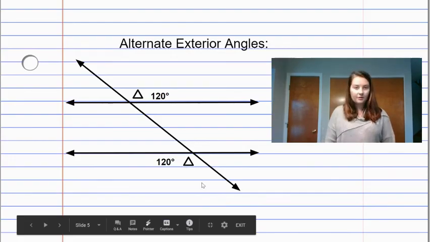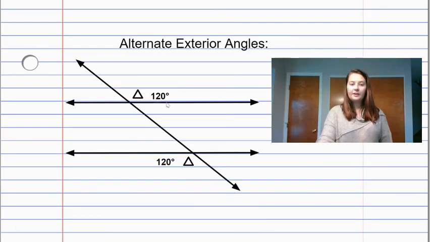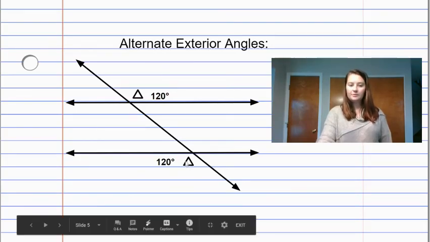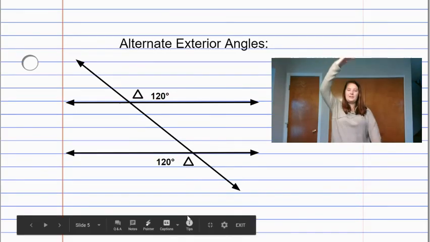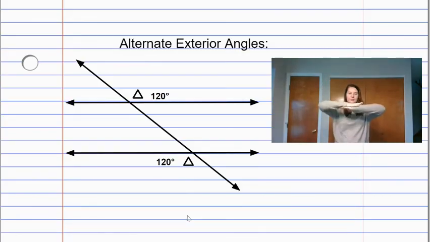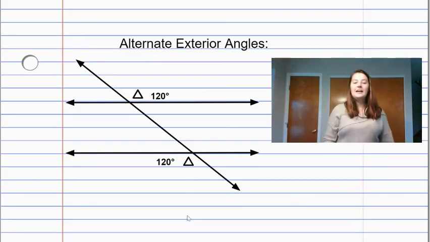Are they outside of the parallel lines? Yes. Here's one parallel line, here's another. This one is on top, this one is below. They are outside of the parallel lines. They're not in the sandwich. And are they congruent? Yes, they are both equal to 120 degrees, which makes them congruent, because congruent means the same.